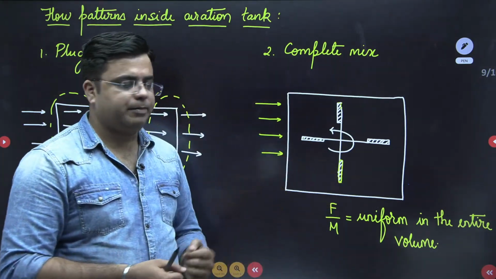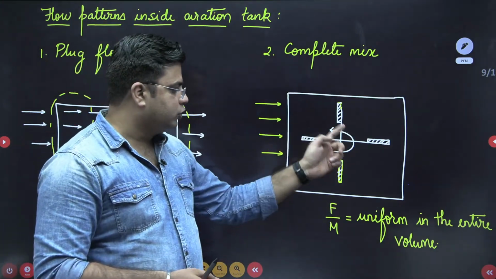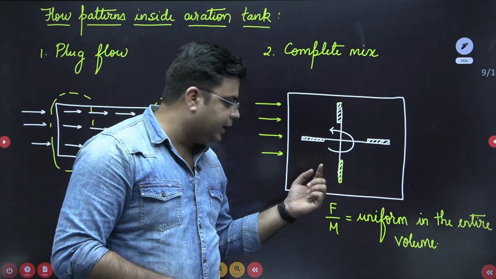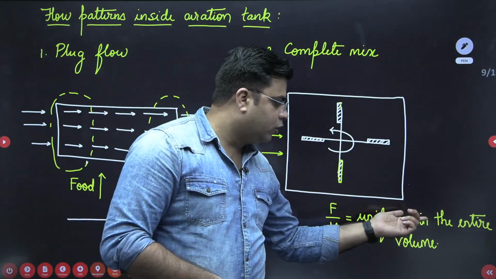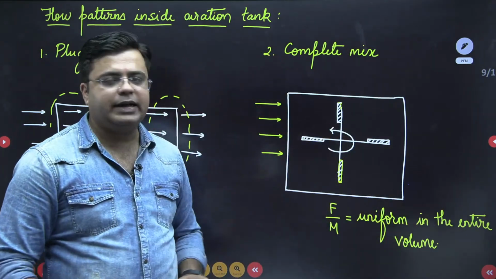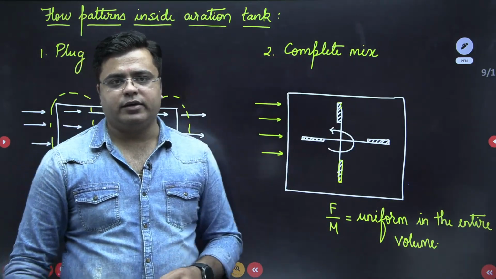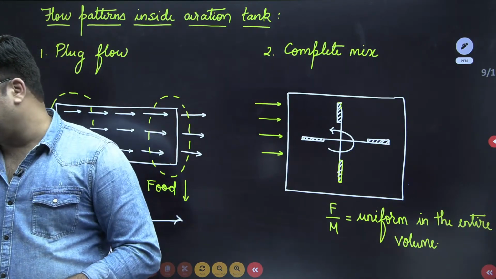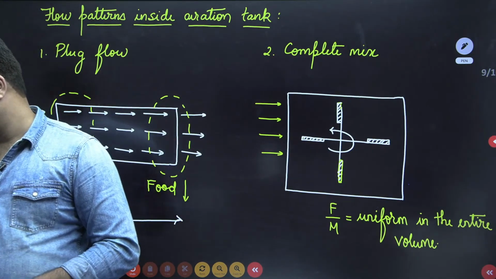Since mixing is induced, the entire volume is uniform, due to which the F by M ratio is uniform or constant throughout the entire volume of this aeration tank. Okay. So these are the two types of flow pattern that you see for an activated sludge process.